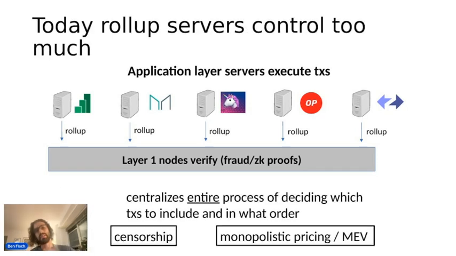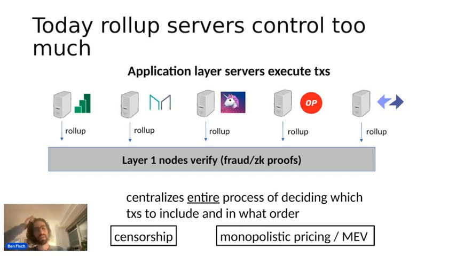The problem is that today, because rollup servers are playing such a monolithic role, they end up controlling too much. The application layer is not just executing transactions, but it centralizes the entire process of deciding which transactions to include and in what order.